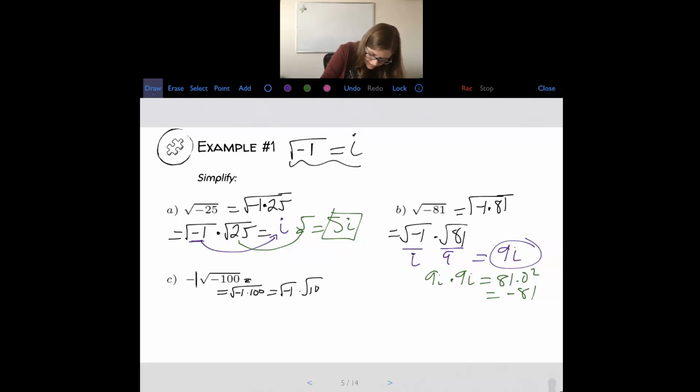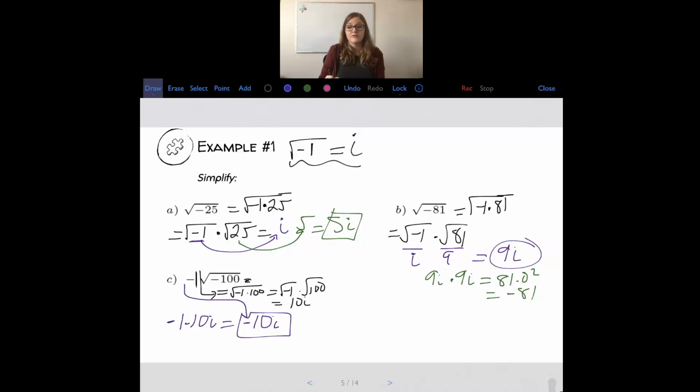Square root of 100 gives me 10i. So the square root of negative 100 is 10i. But remember, we had that negative in front. So this is negative 1 times 10i, which in this case is negative 10i. Again, this negative is from the negative in front that was at the beginning of the problem.